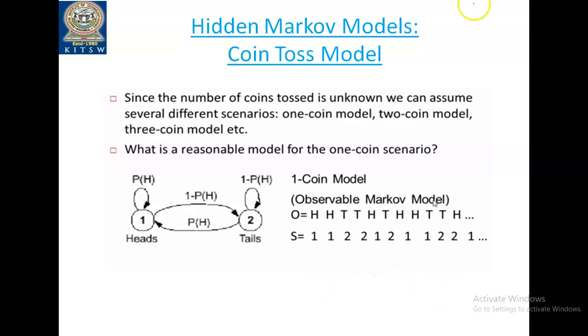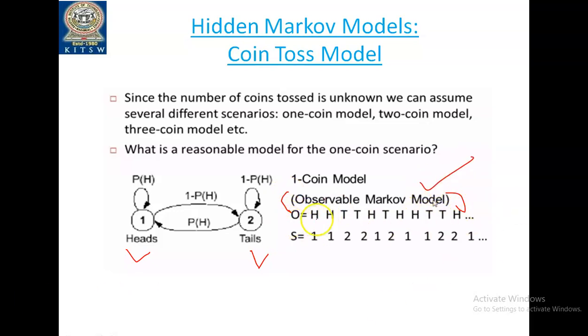In the 1 coin model, state 1 is head and state 2 is tail. If the person flips the coin, we get either the probability of head or the probability of tail. So this is the observable Markov model. See this sentence in the bracket, this is very important: observable Markov model.